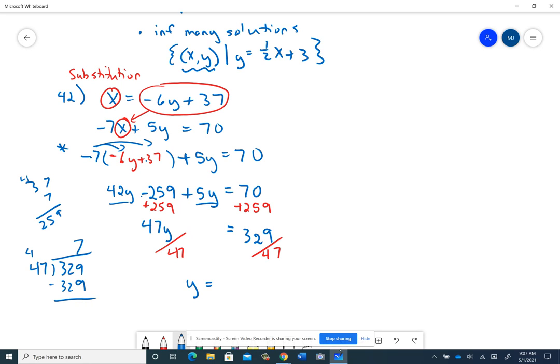Yep, so that's 7. All right, and then once you find one coordinate, you have to get the other one, because you should be thinking on these, I'm looking for an ordered pair. So the best place to go on this one is where that equation already had x by itself. And then right there where the y is, you put your 7 that you found.